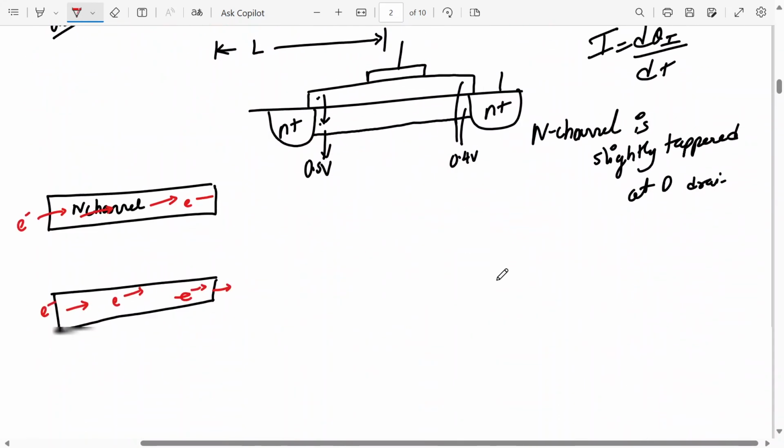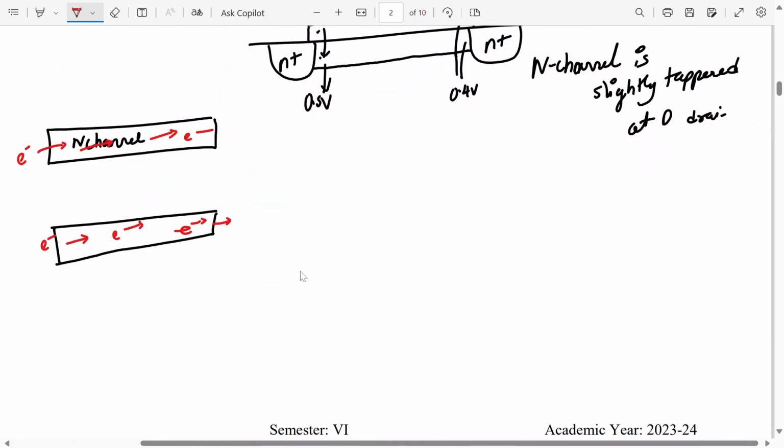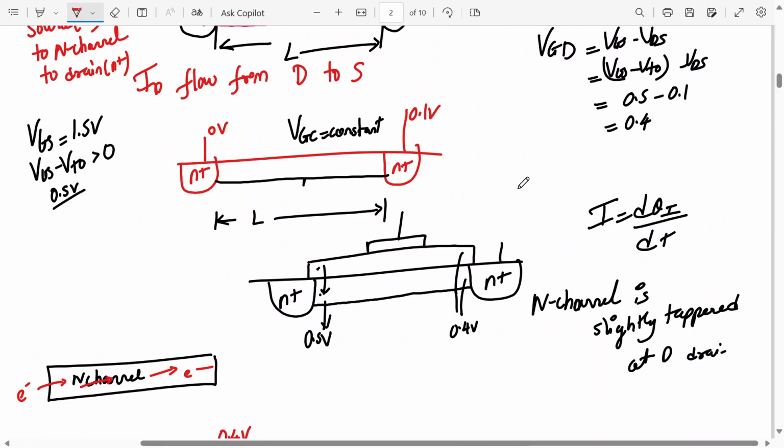See, the difference between this area: this is 0.5 and let's say this is 0.4. Still it is not that much tapered, right? It is 0.5 over here, 0.4 over here. Still the electrons can easily flow, no problem at all. Yes or no?